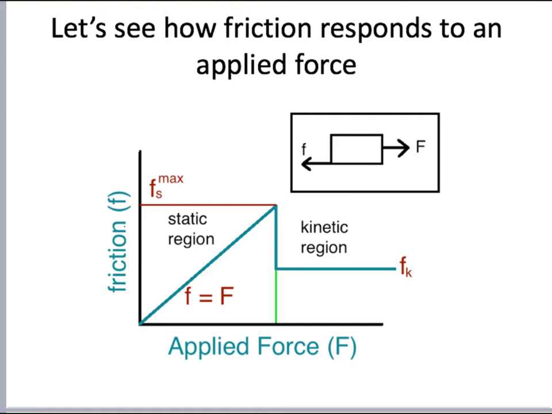So here, the friction force is getting bigger and bigger until it reaches its maximum possible value. And so this is the maximum value of the static friction. Once it starts to move, what we find experimentally is that the force of friction actually drops down precipitously.